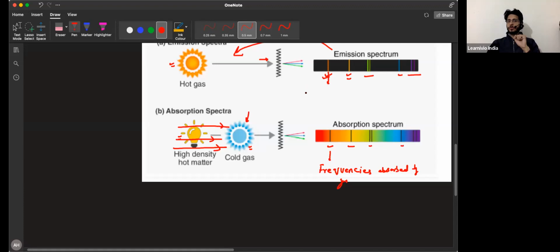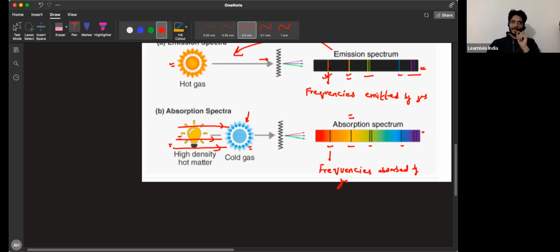These colors show frequencies emitted by the gas. So this is what we call the emission spectrum, and this is what we call the absorption spectrum. In the absorption spectrum, the gas absorbs certain energies, those energies are missing from the spectrum, and those missing energies form the line absorption spectrum.